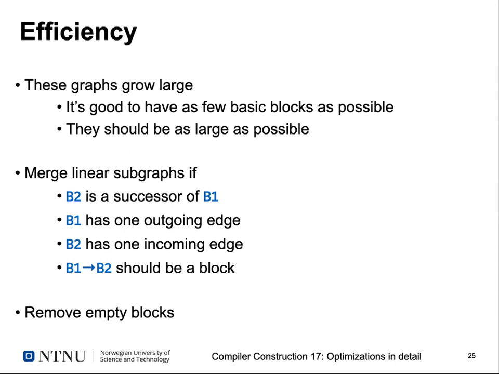So we have a direct control flow that always automatically falls through from B1 to B2, and then we actually can combine these two blocks B1 and B2 into a single larger basic block, and we can continue this recursively until we find no more options to merge, and we can remove the empty blocks by just kicking them out and moving the arcs pointing to them to the arcs they are pointing to.